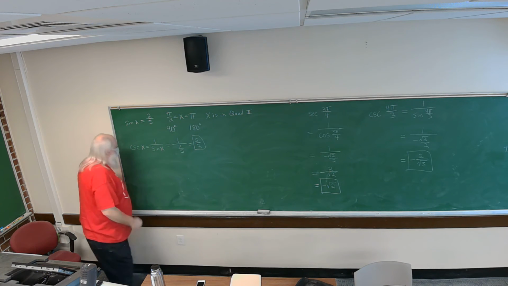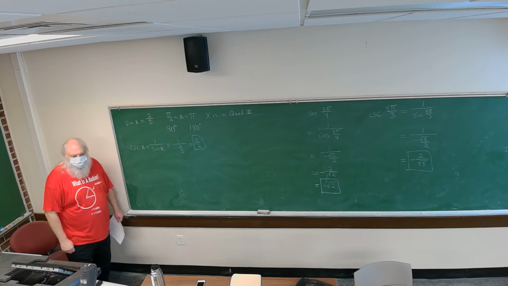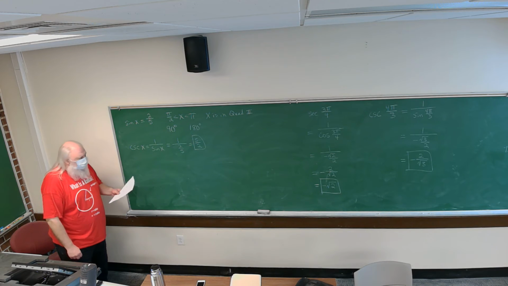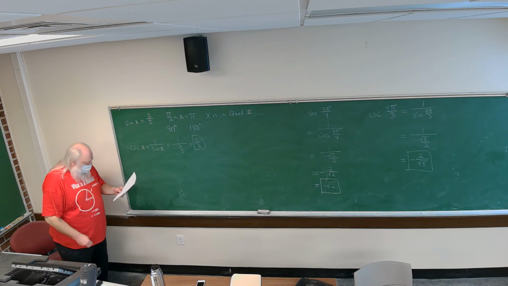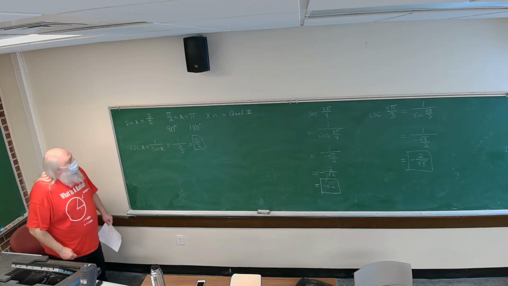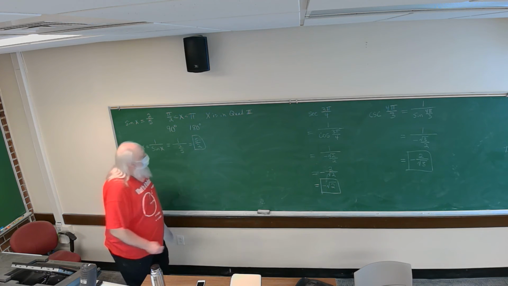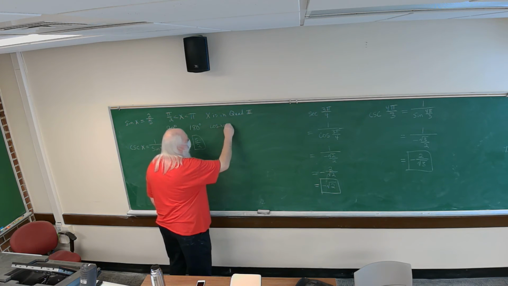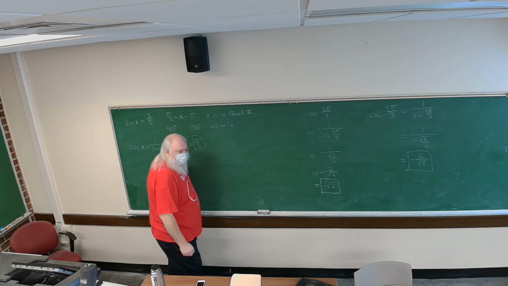Okay? So cosecant x is equal to 5/2. Now to find tangent, cotangent, secant, right? We need to know cosine. Well, if the angle x is in quadrant 2, is cosine positive or negative in quadrant 2? Negative.